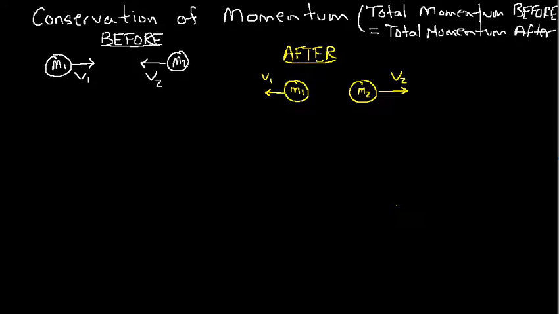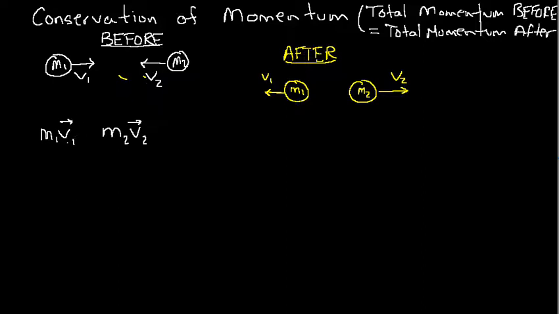Before they collide, if you look over here on the left of my screen, we have a momentum of this first object, which is just m1 v1, and we have a momentum here, which is m2 v2. Now remember that these velocities are vectors, and if you wanted to put this into an equation, you would make one positive and the other negative since they're going in opposite directions.